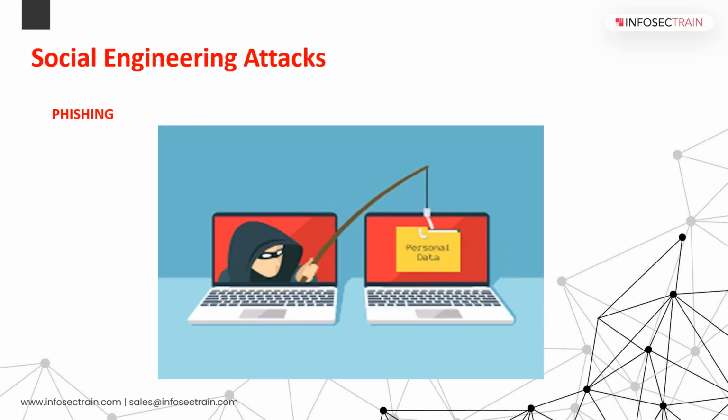Okay, now in a phishing attack, what we are going to do is simply send an email, or you can say this is done over the phone as well. This is done by sending a text message as well. So if I want to perform this phishing attack, I will be sending an email to you. Okay, and I will be stating that I am sending the email from a bank.